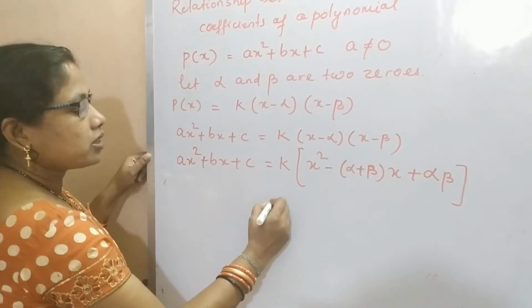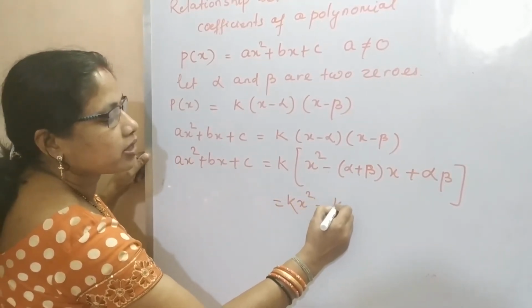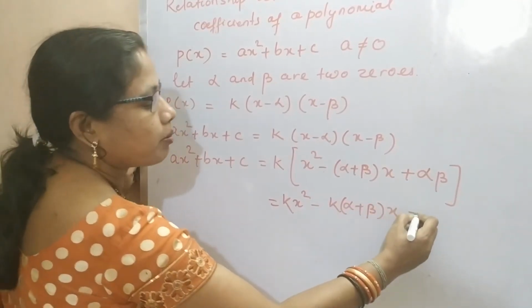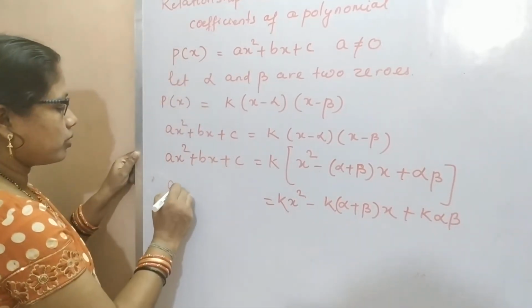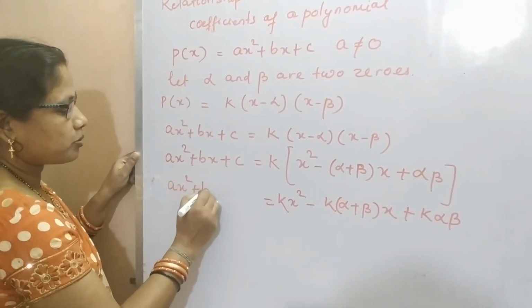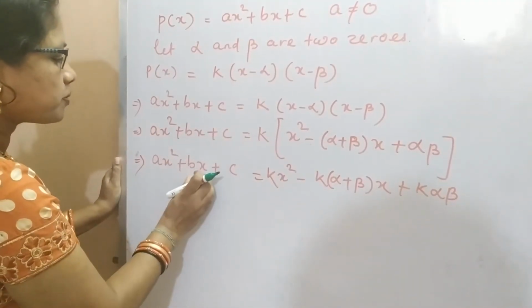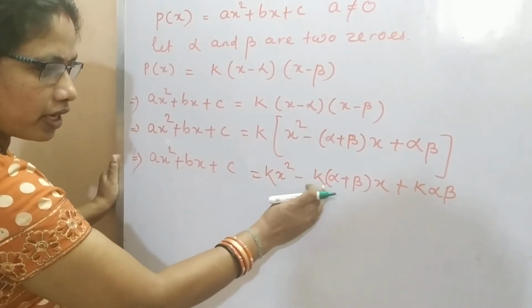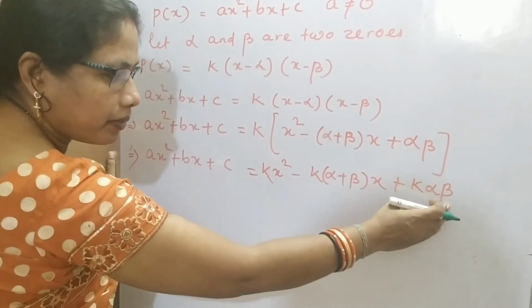Now you can write this like this: kx square minus k whole into alpha plus beta x plus k alpha beta. So this is equal to ax square plus bx plus c. We got ax square plus bx plus c is equal to kx square minus k whole into alpha plus beta whole into x plus k alpha beta.